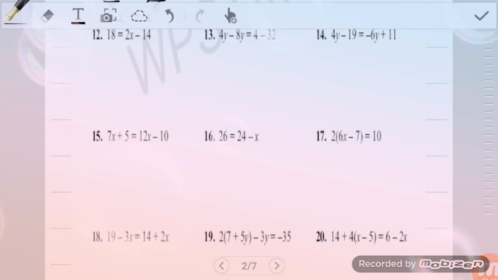Now, I could go ahead and transpose the 24 to the right side. Since there is not much to do, all I have to do is remove that 24 and I'll get the minus x to be by itself. So in this case, if I take 26 and I transpose the 24 to the left side, I'll get negative 24.